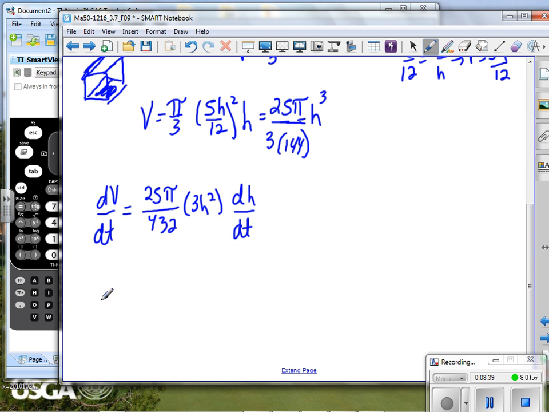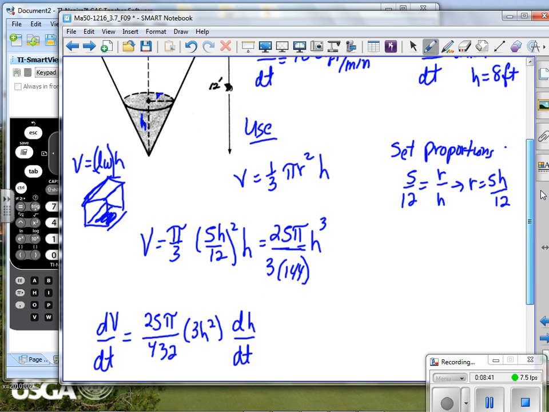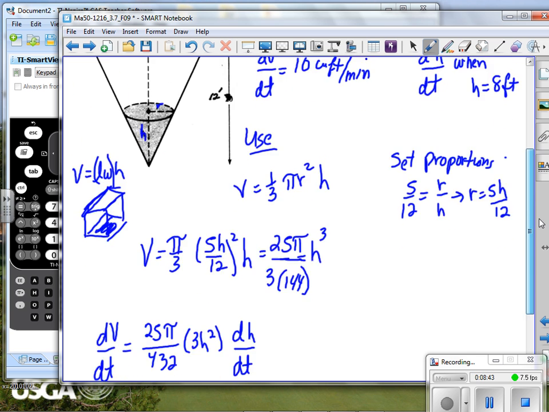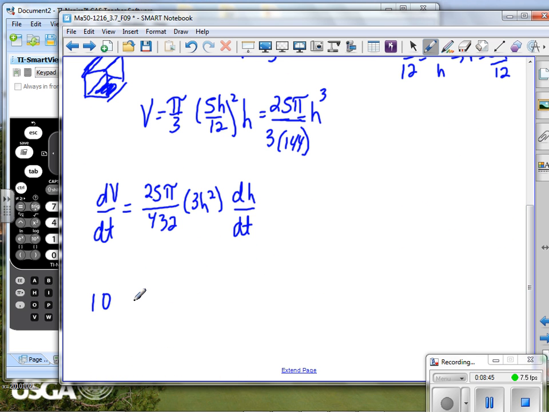So, you know, we could go through, oh, and dV/dt, that's given, that's 10. Okay, so we've got 10 times, let's see if we can do this, 432 divided by 25 pi times 3 times 8 squared equals dh/dt.